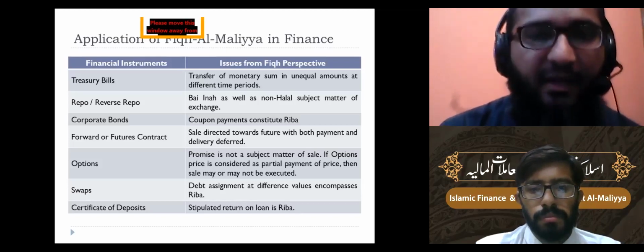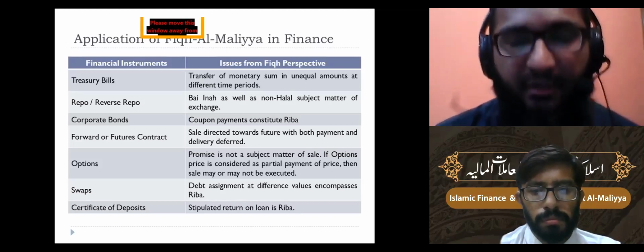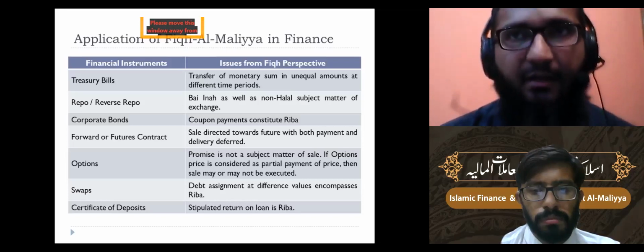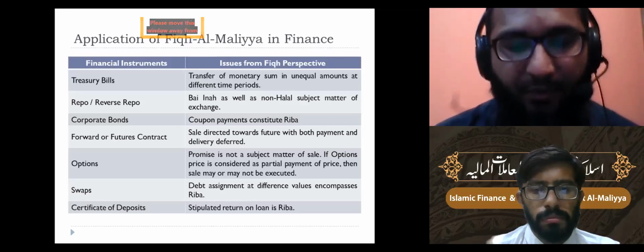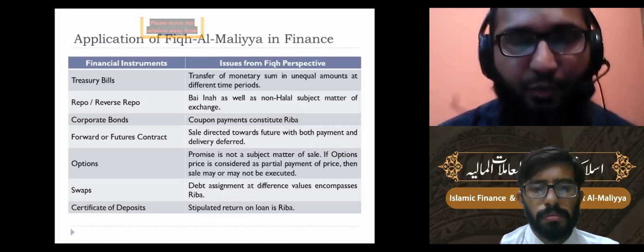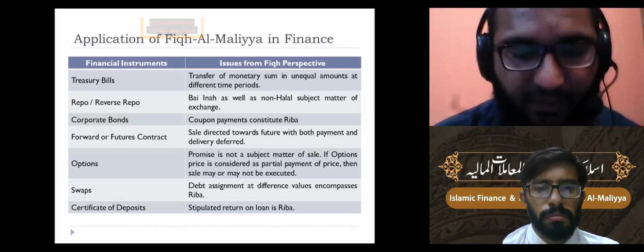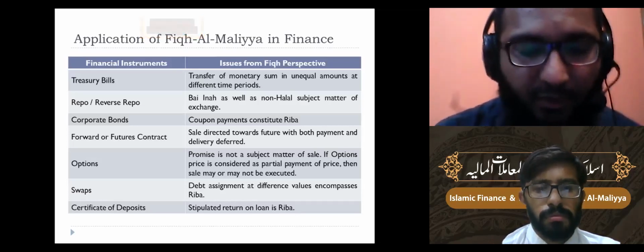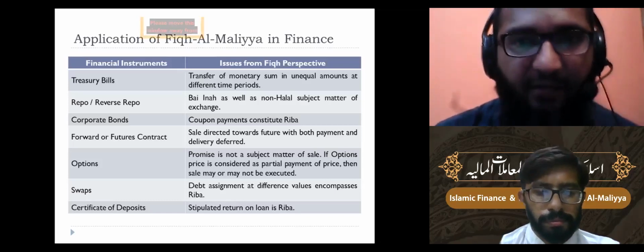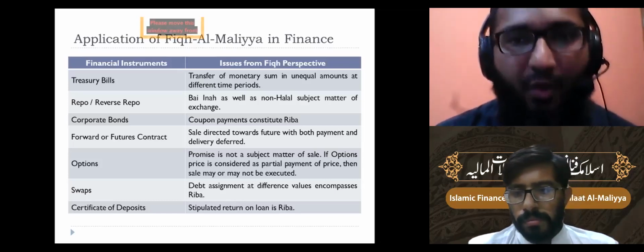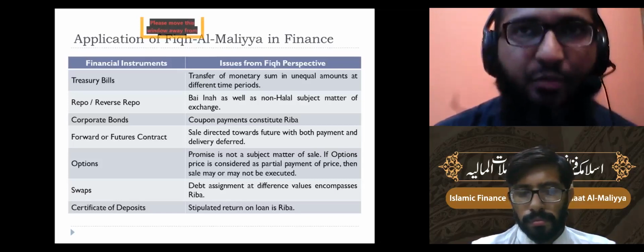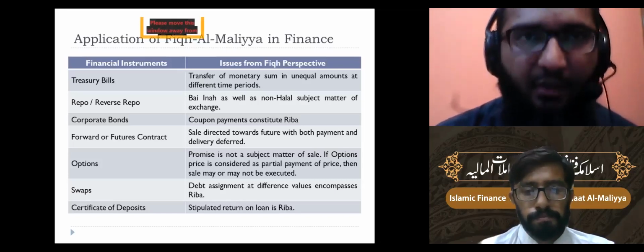And then we can form an opinion, which only the Sharia advisors are well versed to make when they do this comparison through a very careful study of the rules of Fiqh Malia and also contemporary finance. And then we can have a clear picture as to what is permissible and what is not, and what has to be done to make a particular transaction permissible.